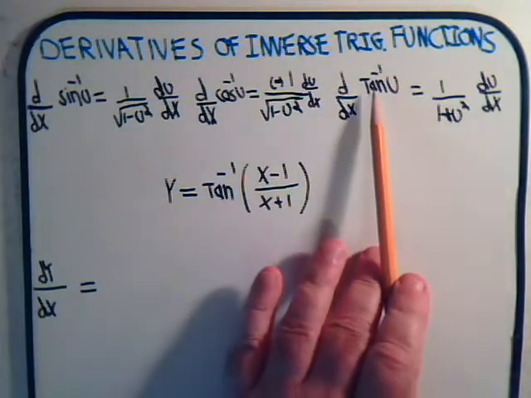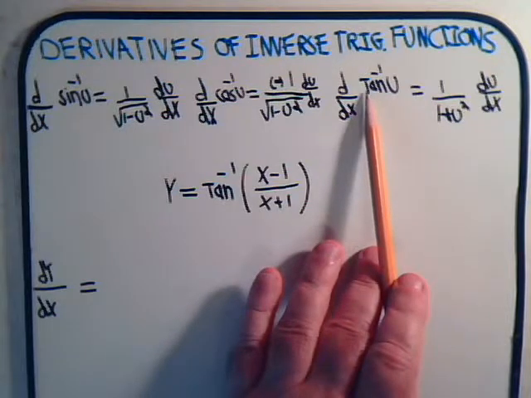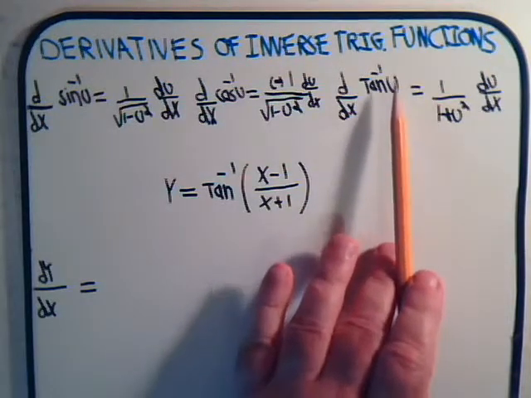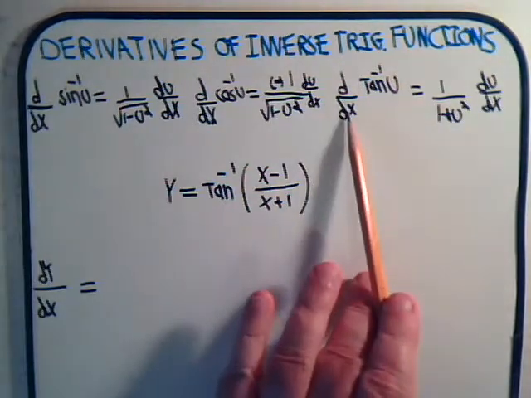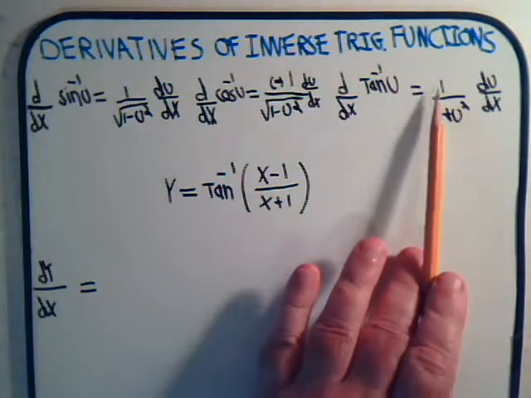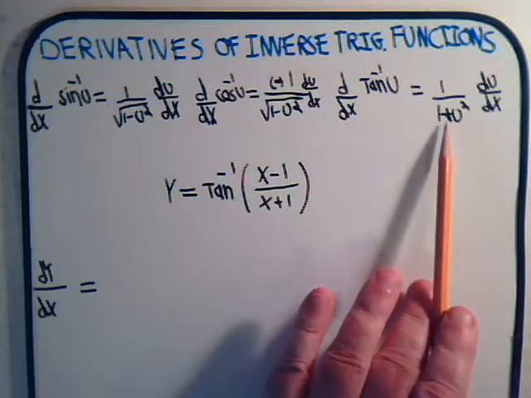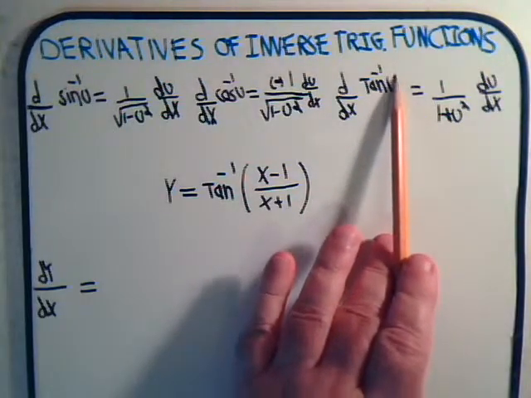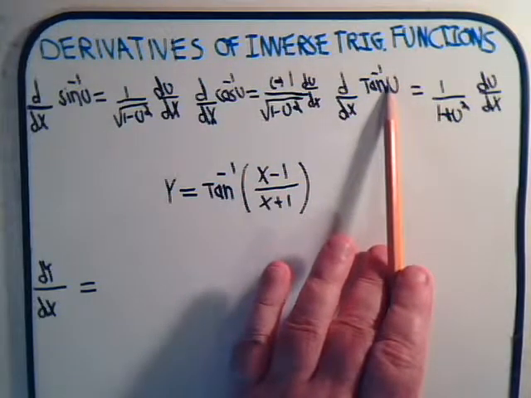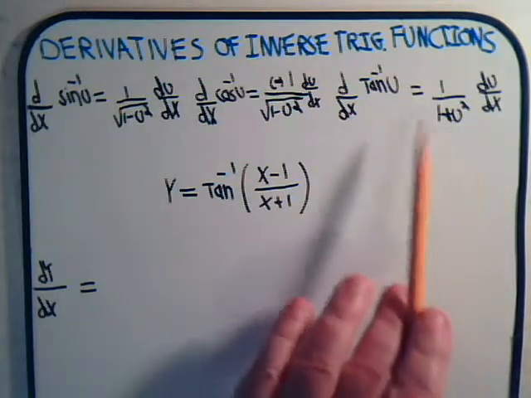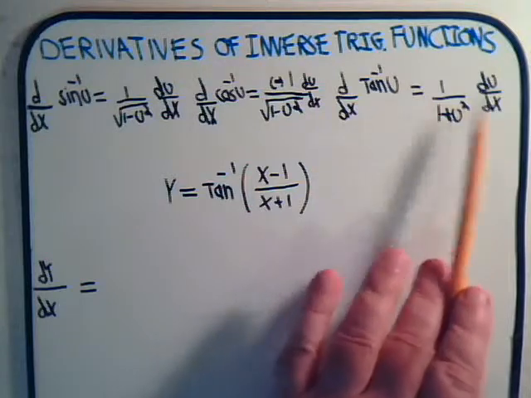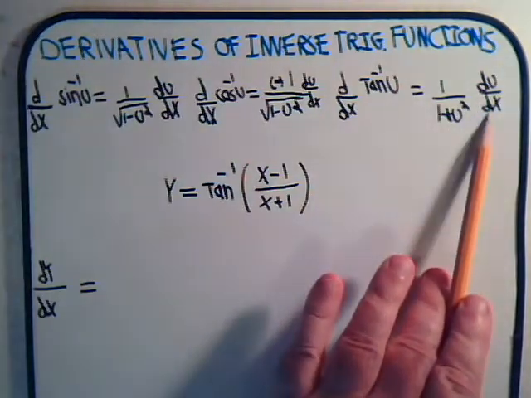now if we're taking the inverse tangent of some variable, say u, and then we want to take the derivative of this with respect to x, that would be equal to 1 over 1 plus whatever this function or variable is that we're going to take the tangent of, that squared, and then we have to take the derivative of that with respect to x.